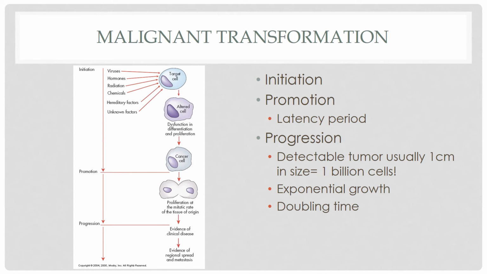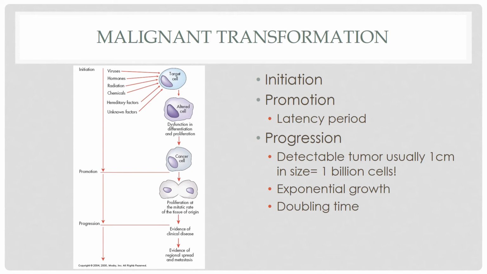So the last phase is the emergence of the detectable tumor, and it's still quite small. It's about 1 centimeter in size, but 1 centimeter in size means that we already have 1 billion cells.